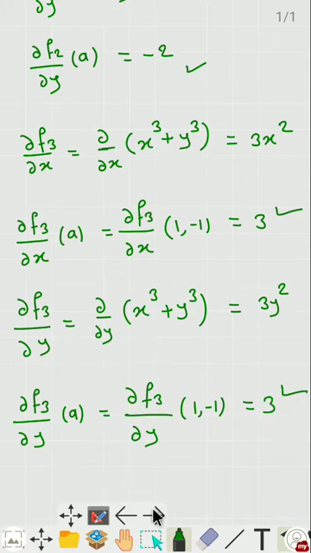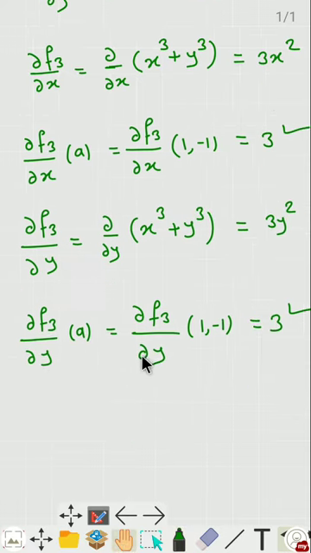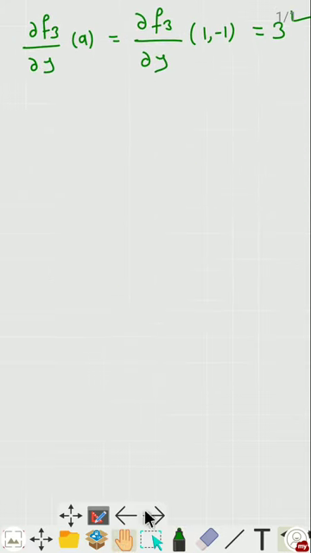So in this way we found all the values of the partial derivatives at point A, and now we are ready to write the Jacobian of function f at point A.